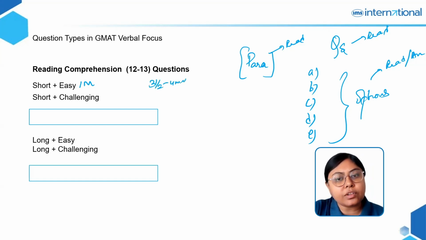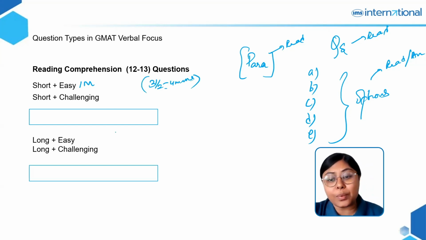But what about an RC which is short and challenging? The data reading can be challenging, the sentence construction can be challenging, and it can also be challenging where the options are very long and close-knit. The elimination might take you time, and you need to think it through. That's where a shorter one can also stretch to 4 to 6 minutes, right?